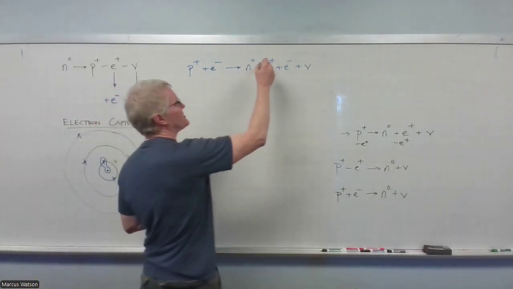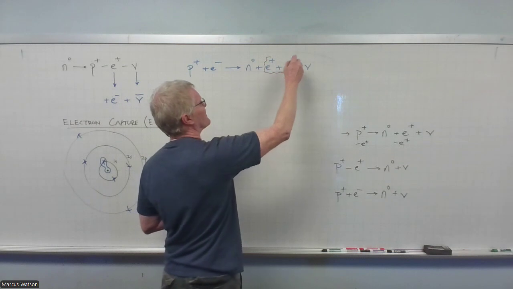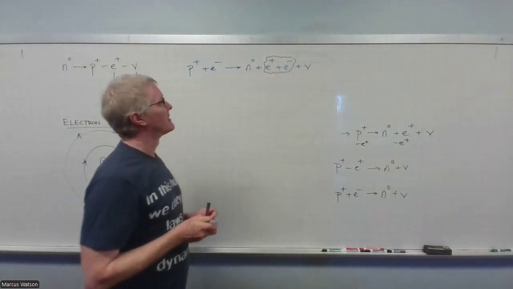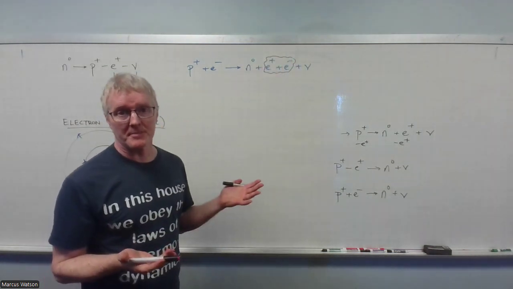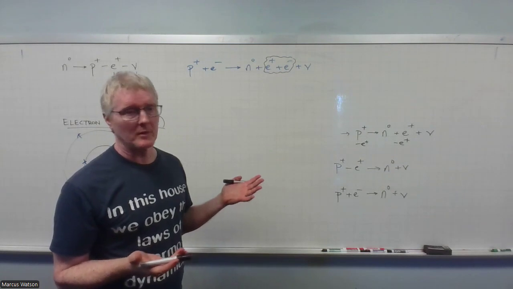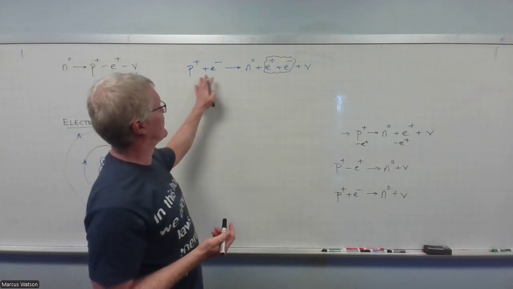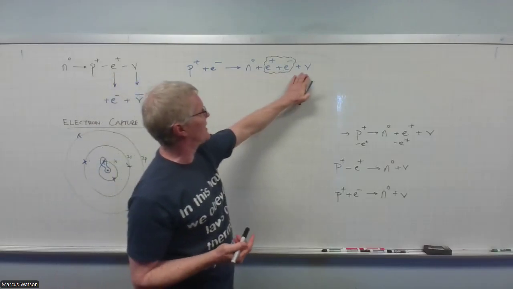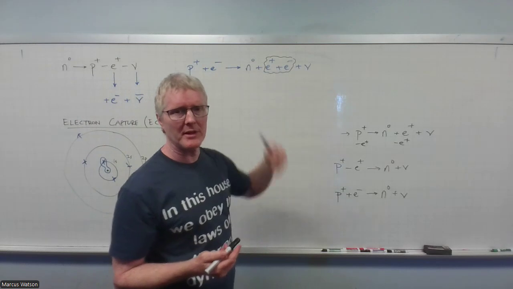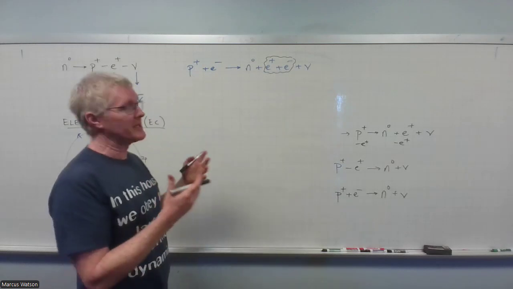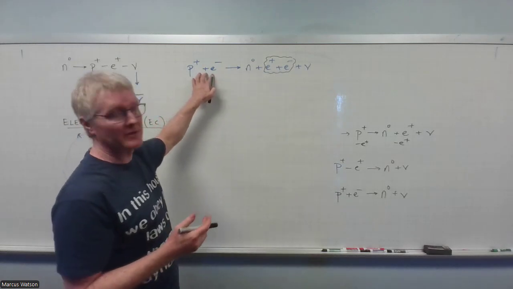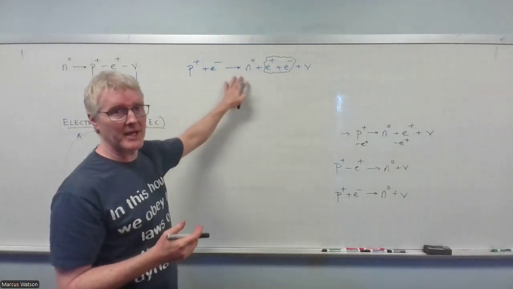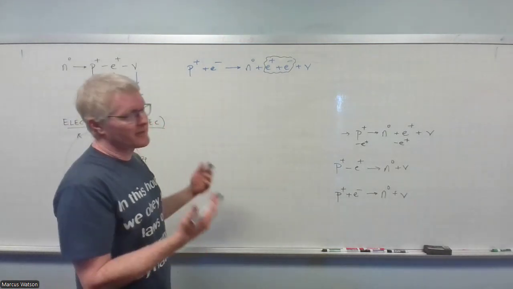And therefore, these two things here are going to disappear. You're going to be left with essentially a neutron and a neutrino, probably with a little bit of leftover energy. But that energy helped make this reaction happen. So you can kind of think of it that way too.